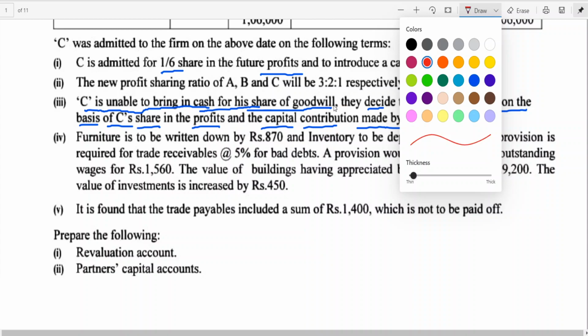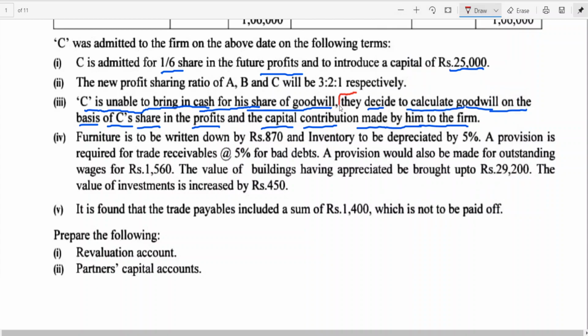They decided to calculate goodwill. How?